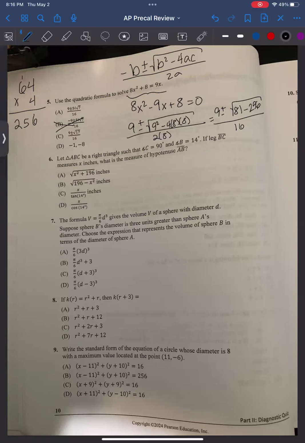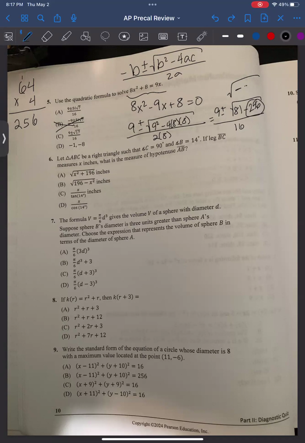Exactly. The 81 minus 256 means that my discriminant is going to be a negative number. It doesn't matter what it is, because that 256 is bigger than 81, meaning I'm going to have a negative something on the inside here. So it can't be C because 17 is positive, and not only is 17 positive, but there's no i anywhere.